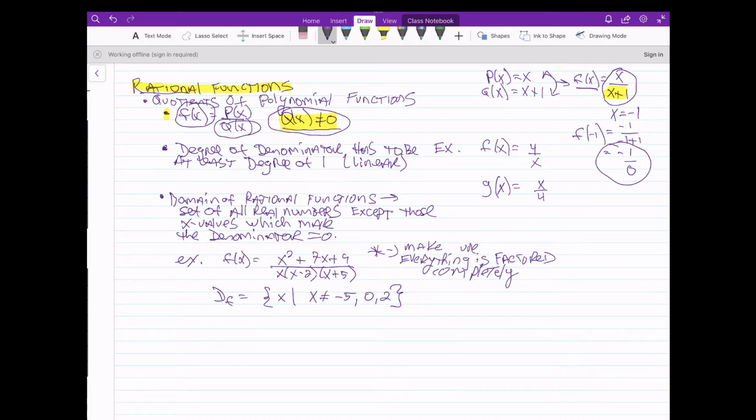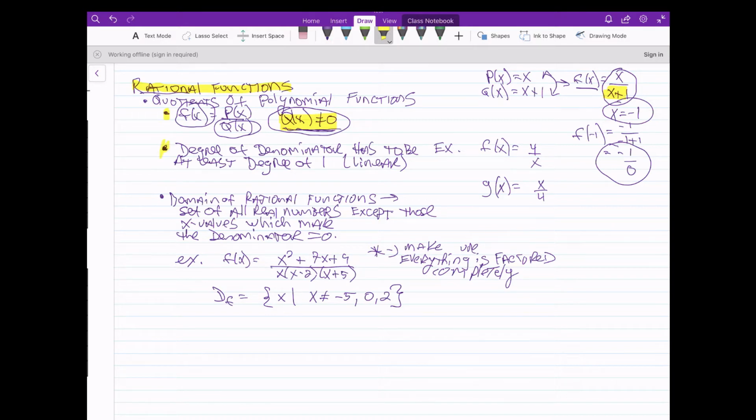So that's all this is saying when it says q of x cannot equal 0. Basically, any value of x which makes the denominator 0 has to be excluded. So in this quick example, the only value that would have to be excluded is x equals negative 1.